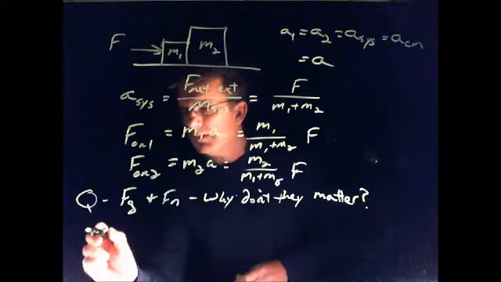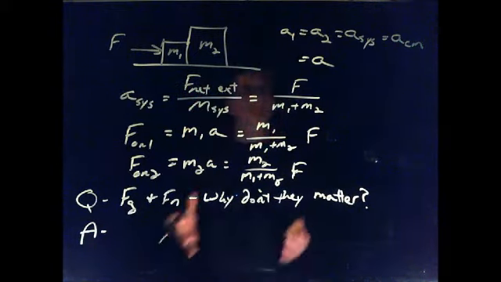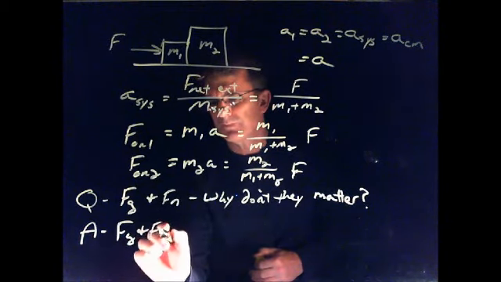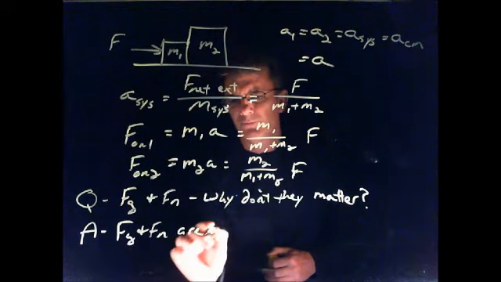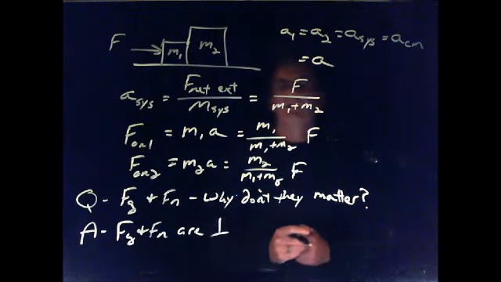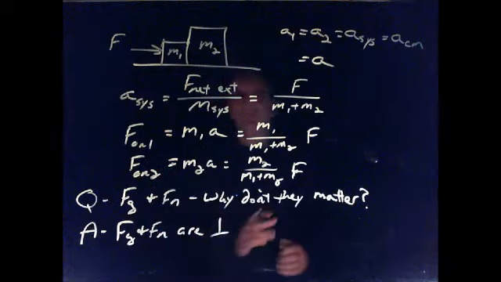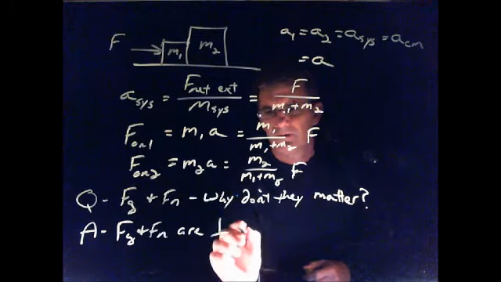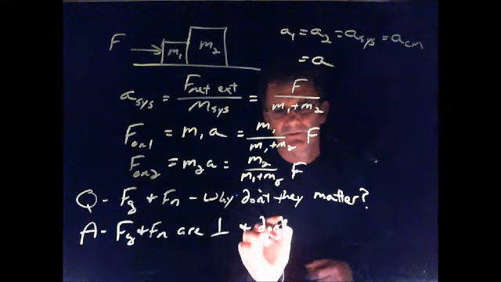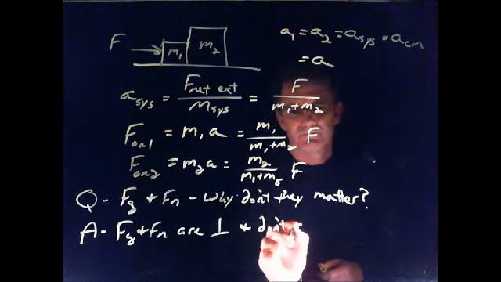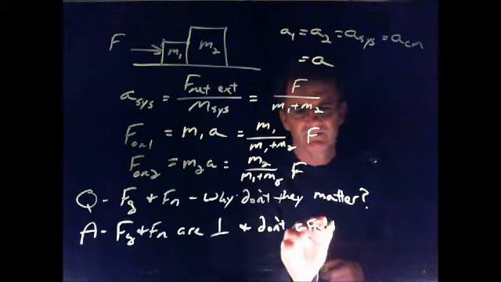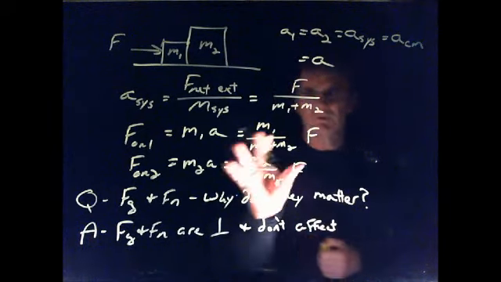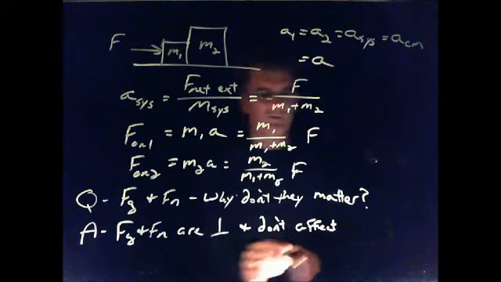Well, the answer is Fg and normal force don't affect motion. They are perpendicular forces. And perpendicular forces, these would be a centripetal force, don't affect linear acceleration or tangential acceleration, because you have the radial and tangential.